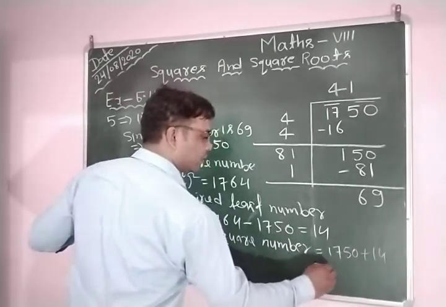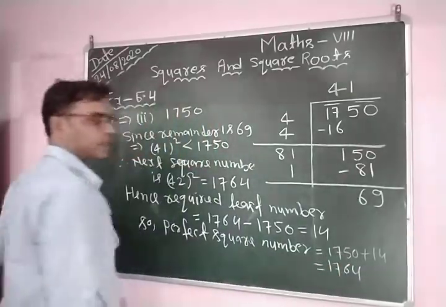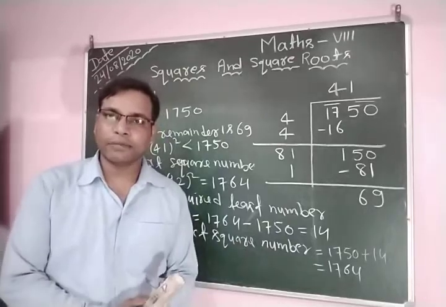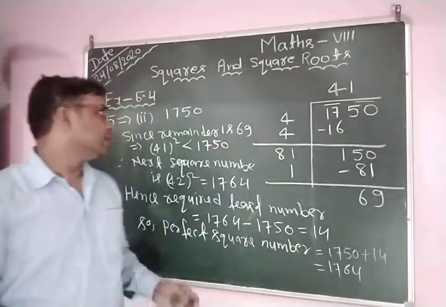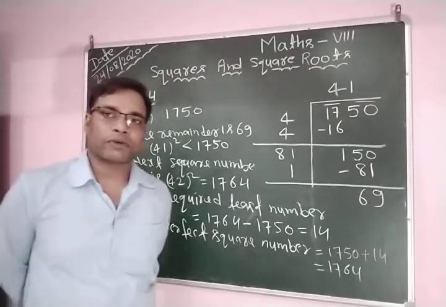This is equal to 1764. Okay, now we find the least number that we add to 1750 so that it becomes a perfect square number.